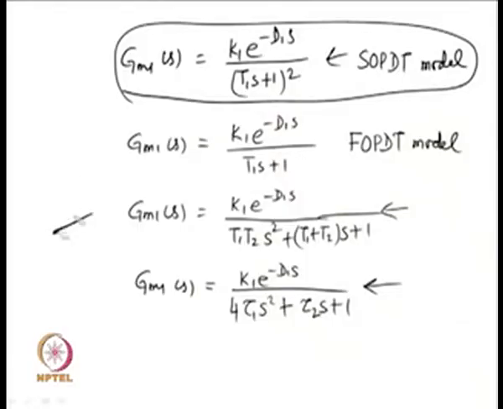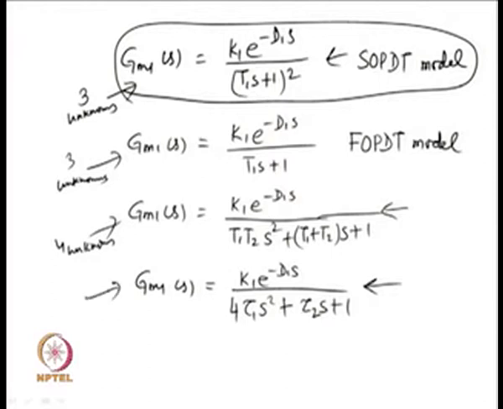So, if I look at the transfer function models, the number of unknowns in the first order plus dead time model is 3, and in the second order plus dead time model it is also 3. The other two have got 1, 2, 3, 4 unknowns, so 4 unknowns.